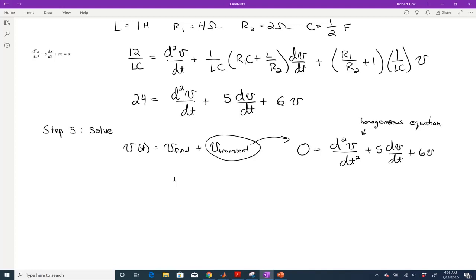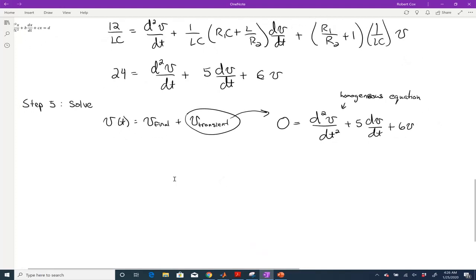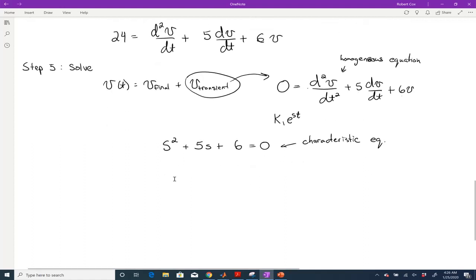We always start out with the guess that the solution is k1 e to the st. We go through that whole process, and what we get is our characteristic equation. I take the coefficients off of these terms. The first coefficient is 1, so s squared plus 5s plus 6 equals 0. This is our characteristic equation.